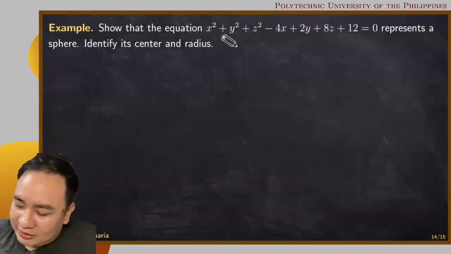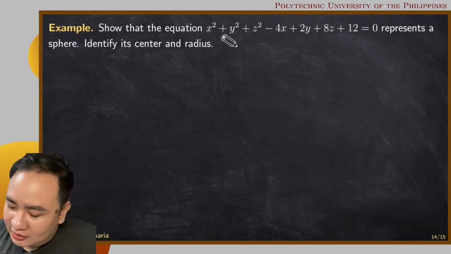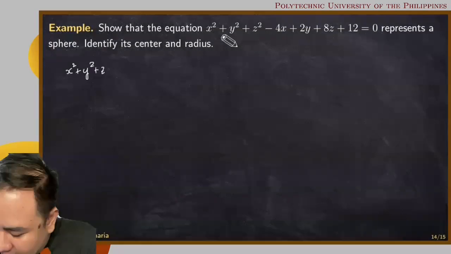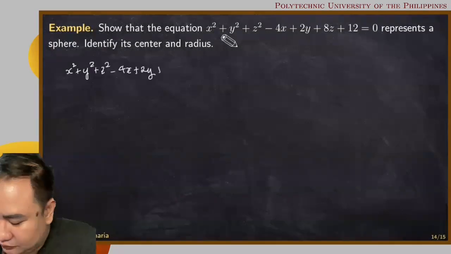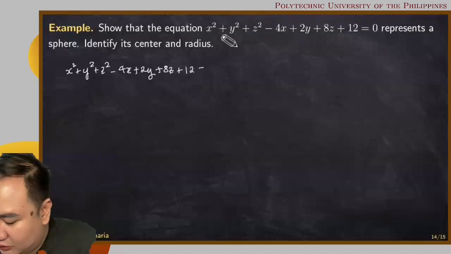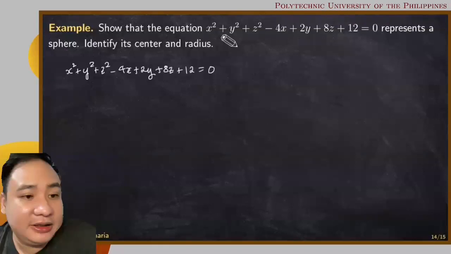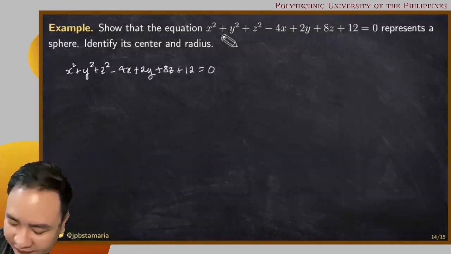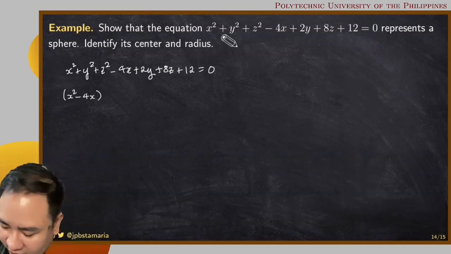Paano ginagawa? What we do is, from this equation, let me rewrite the equation first. We simply collect all the terms that have an x in it. For example, we can group this. Ganyan.